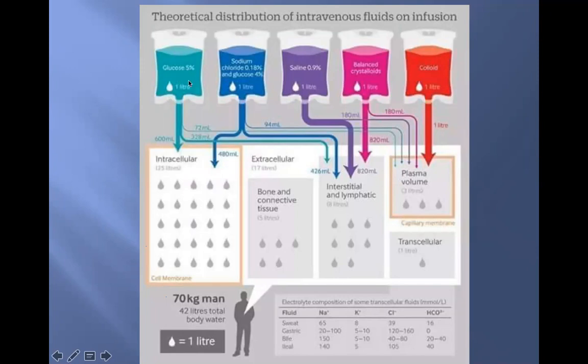Here, the 5% glucose mainly will be moved to the intracellular compartment, and 1/3 to the extracellular compartment, and this 1/3 is further distributed in the interstitial, and a very small amount in the plasma.